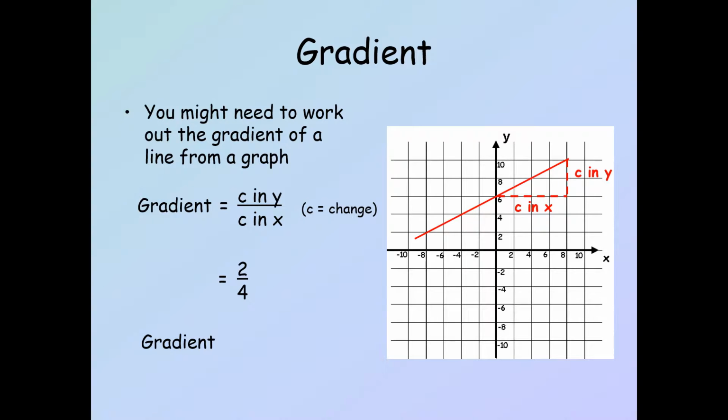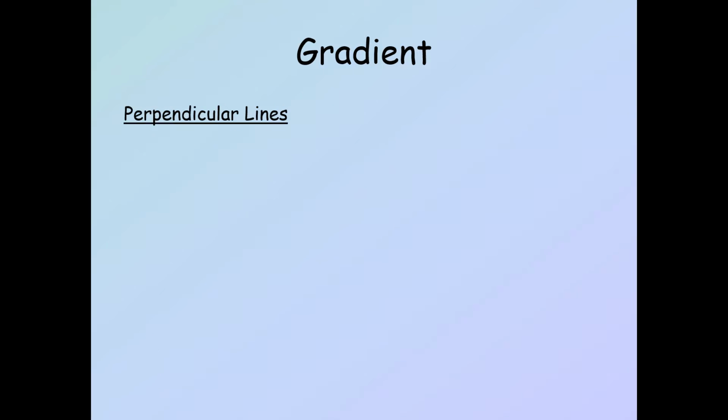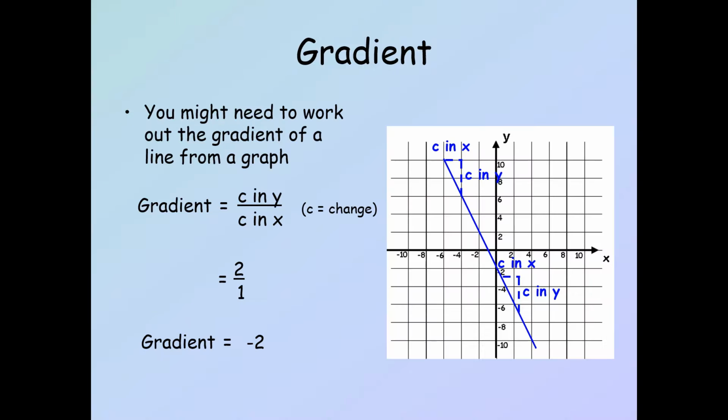So it's actually 4 over 8, but we get to the same thing of a half. Change in y over change in x gives a gradient of minus 2, and it's the same wherever you check on the graph.